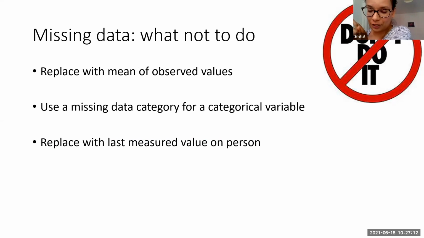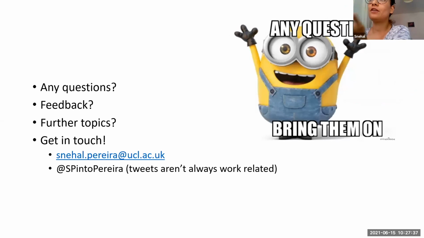Don't make a new category for a level missing if you have a categorical variable. And if you have repeat measures on the same individual, don't replace a missing value with the last observed value, because doing any of these things can seriously bias your results, okay? So even if you don't listen to anything else I said, just screenshot the slide. And that's all that I have to say on missing data.